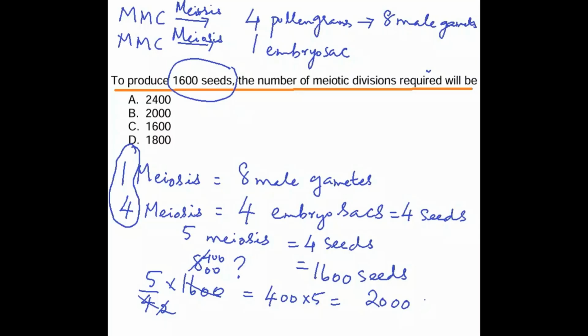So 2000 meiotic divisions are required to produce 1600 seeds. So the answer is option B, 2000.